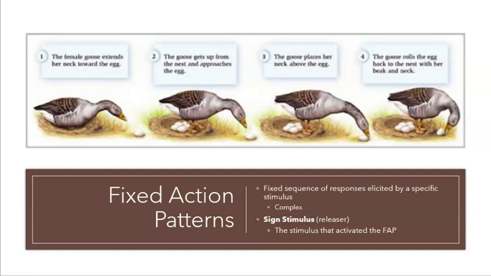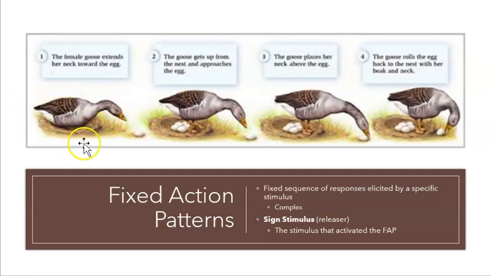I used the same kind of image. But what's happening with the goose here is actually a fixed action pattern. This is a kind of natural behavior that's being caused by a stimulus that causes the goose to do this set number of behaviors, of actions.